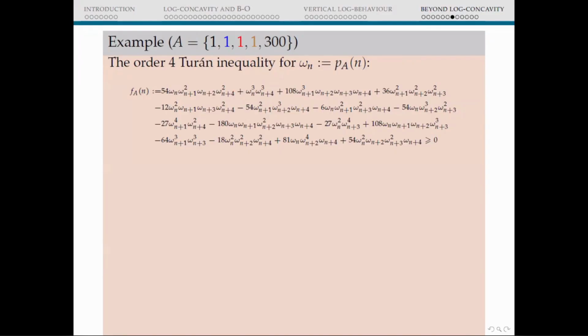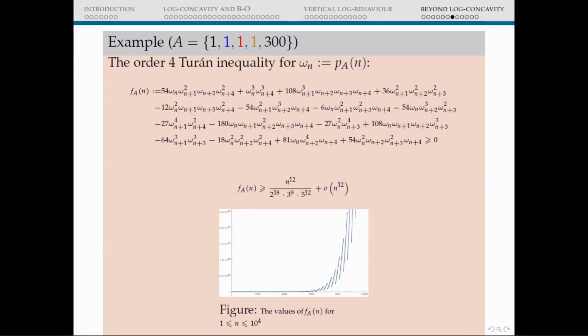Take a multiset A which consists of 4 ones and 300, and consider the fourth Turan inequality. Of course, we need every k minus 4 multi-subset to be coprime, so every number must be equal to 1, but here we have 300, so it is not true. However, we still have the fourth order Turan inequality for that function.